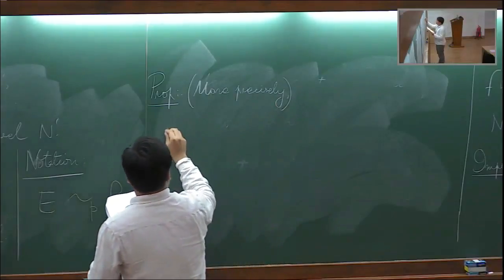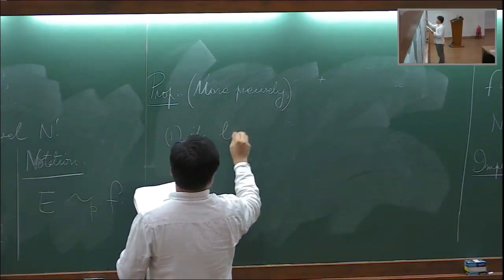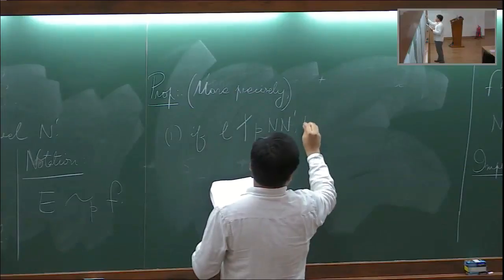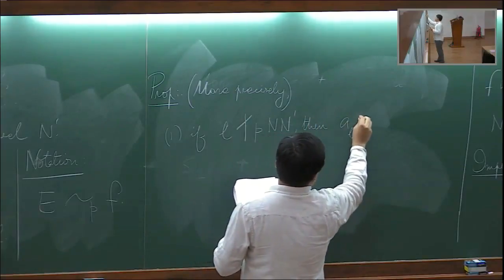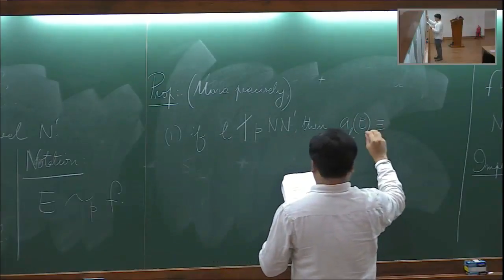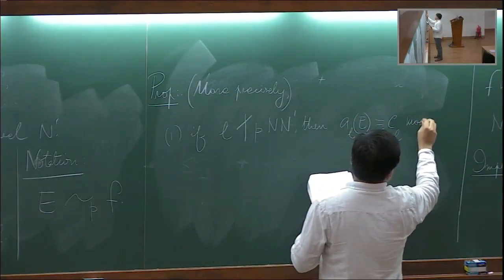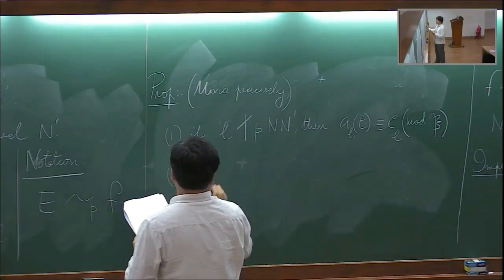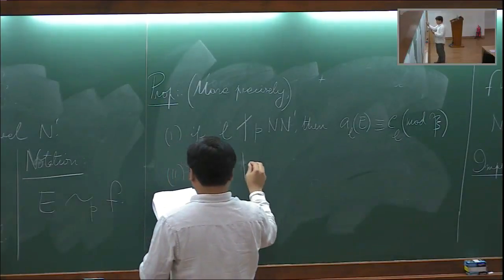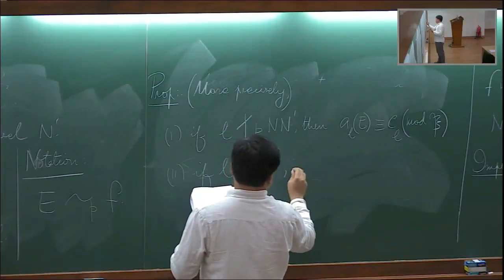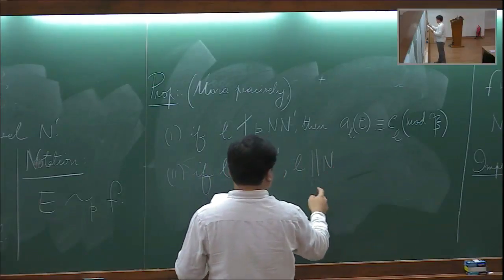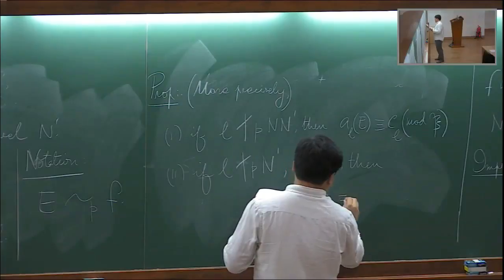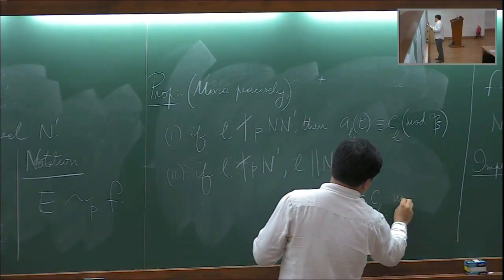More precisely, the first one is if l does not divide P times N', then a_l(E) is congruent to c_l mod P. And if l does not divide P times N', but l divides N only once, then l + 1 is congruent to ± c_l mod P.